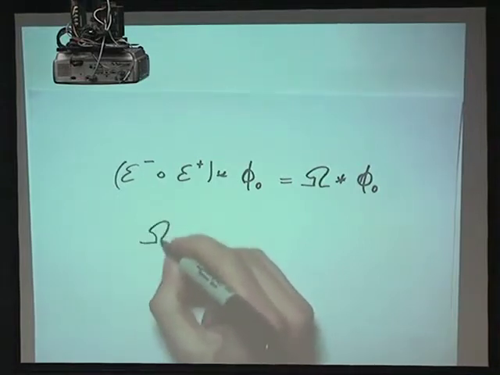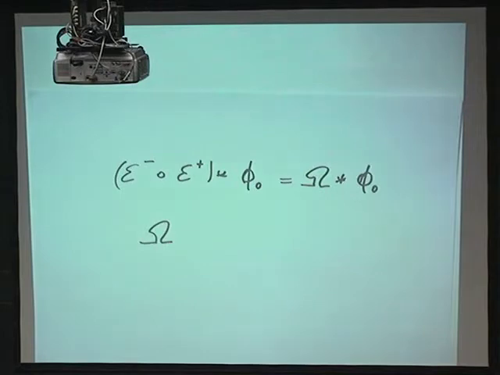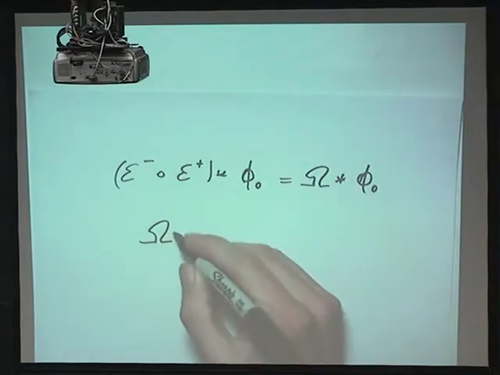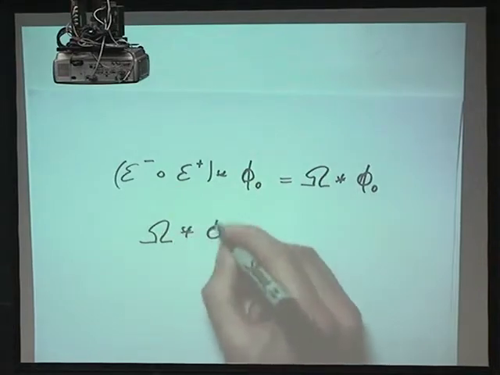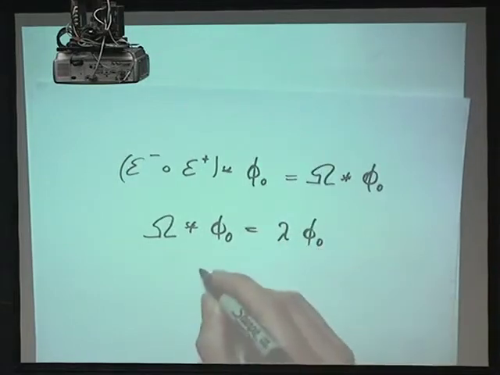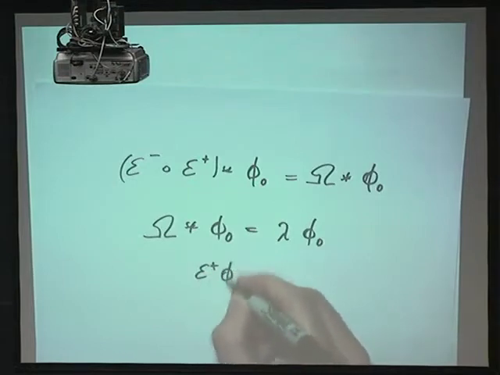The other thing is, I said it, but maybe I haven't written it down so precisely. Originally we know that the Casimir is the Laplace. The Casimir applied to phi 0 is equal to lambda phi 0, right? And then we defined the phi 2 using the E plus, right?